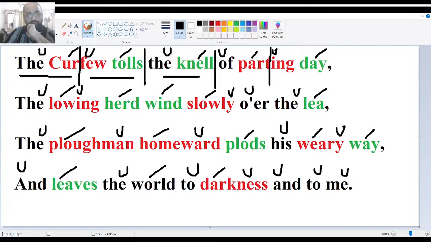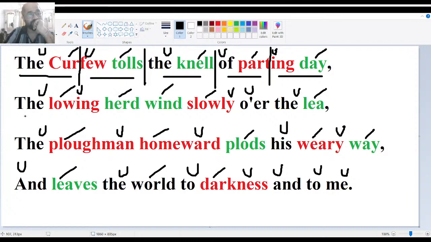You get 5, right? So these are called feet, also meters. So you have 5 meters, and in each of those 5 meters there is an iamb.